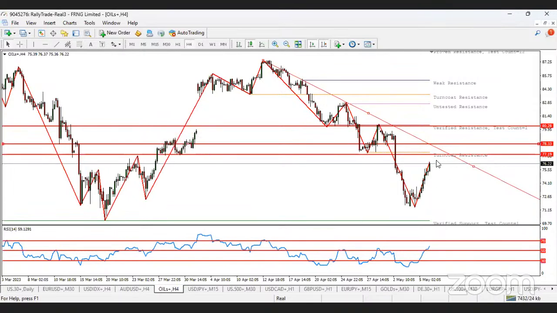So you can have two possibilities there: a rejection of this trend line and price comes down, or price breaks out of this zone and keeps going to this verified resistance. That's it on oil.